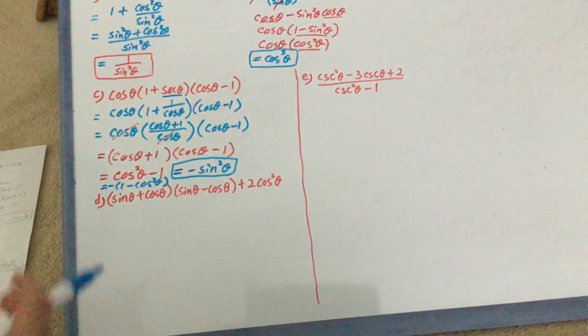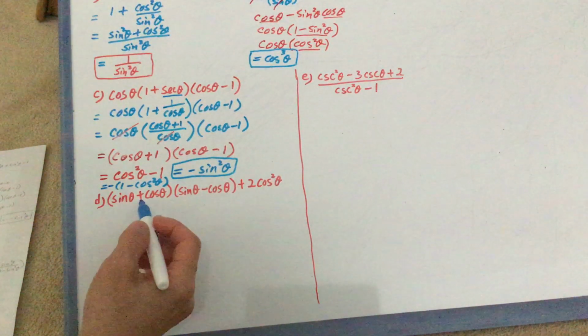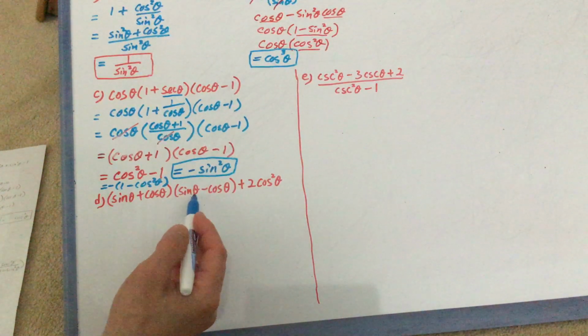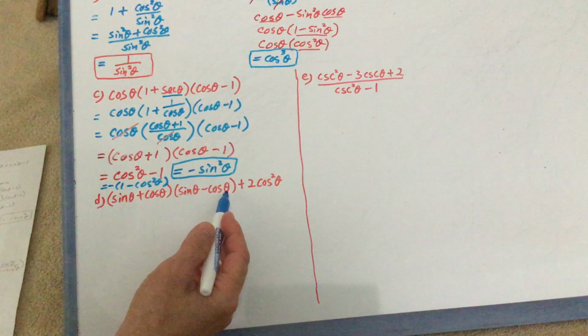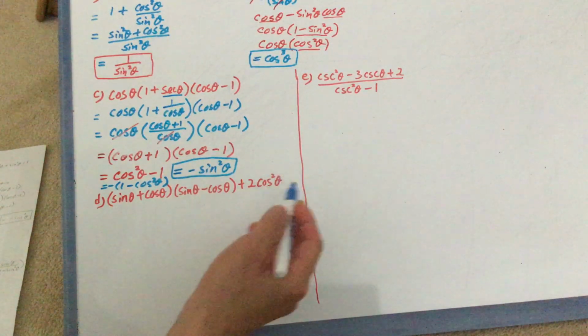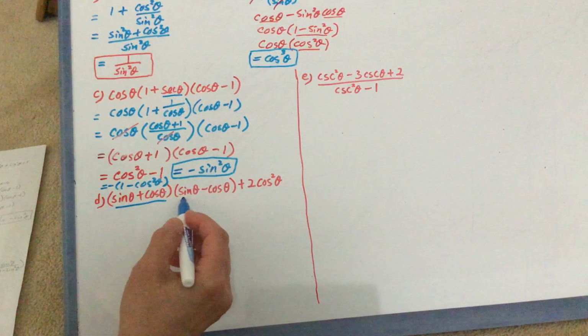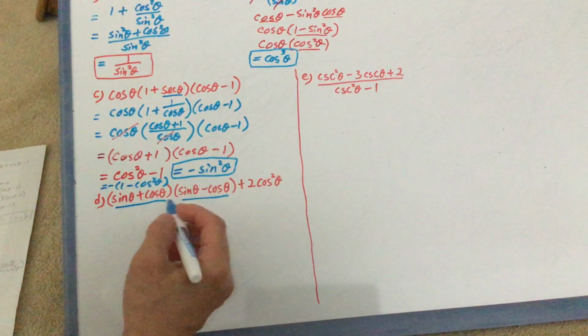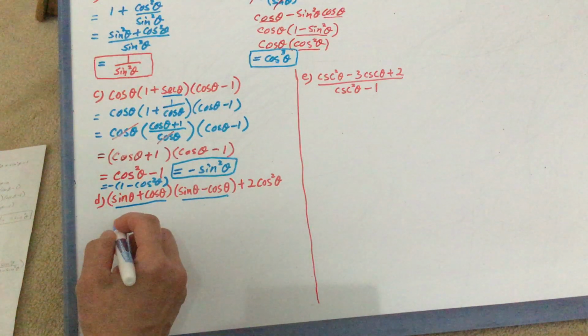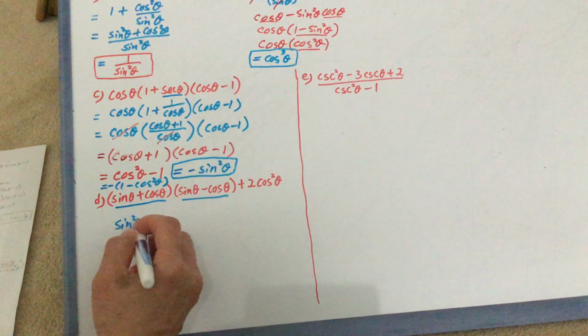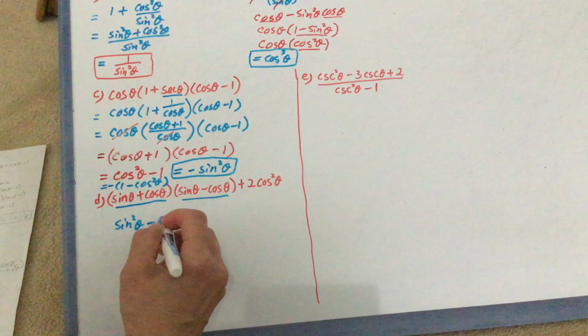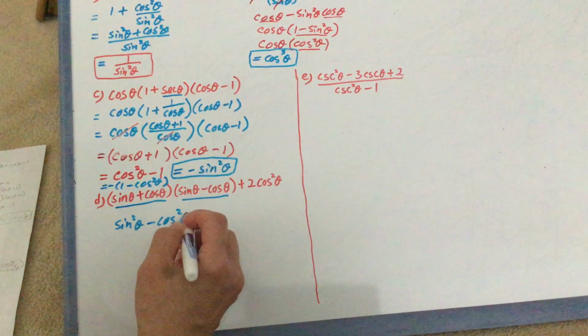And part D, when you have sine theta plus cos theta times sine theta minus cos theta, and plus the 2 cos square theta. Well, this will be a difference of squares. So when you multiply this, you will get sine square theta minus cos square theta.